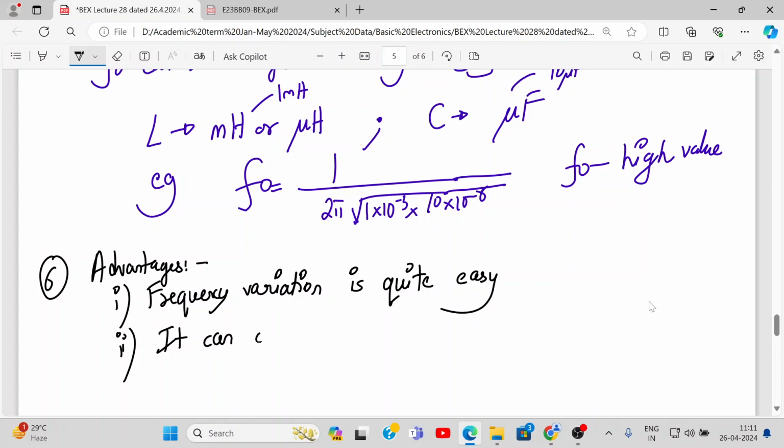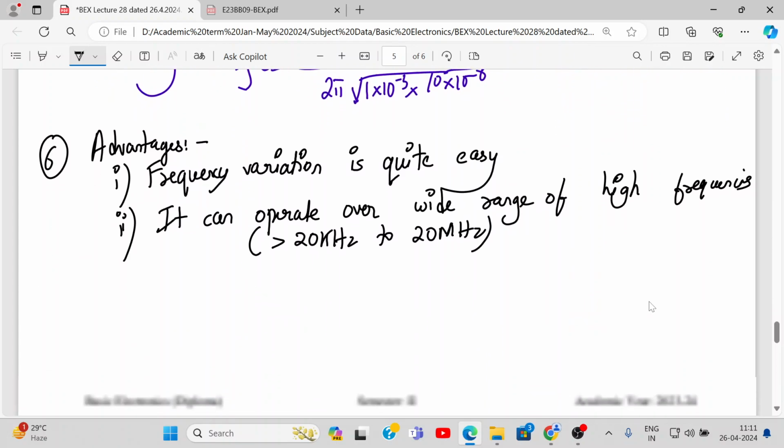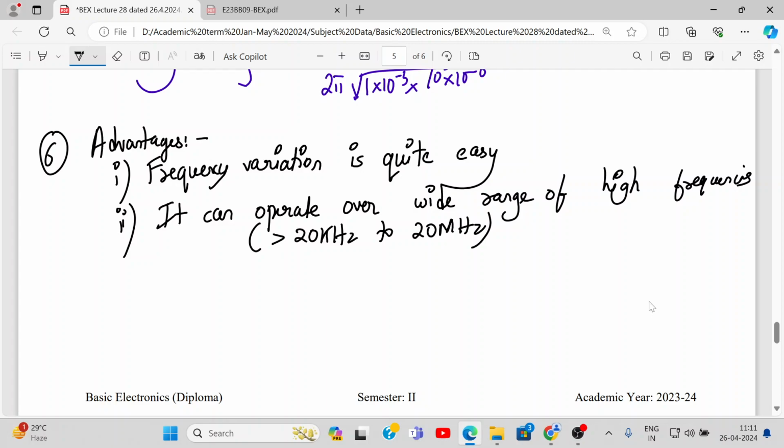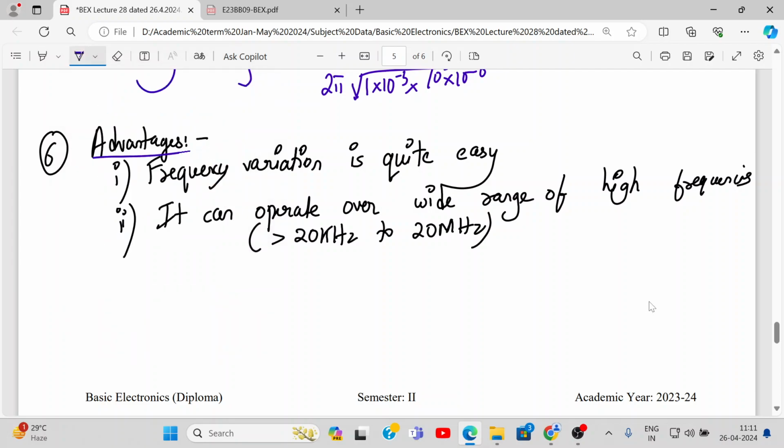It can operate over a wide range of high frequencies, ranging from greater than 20 kilohertz to around 20 megahertz. The frequency stability is poor over here, which means the nature of the waveforms is not purely sinusoidal.